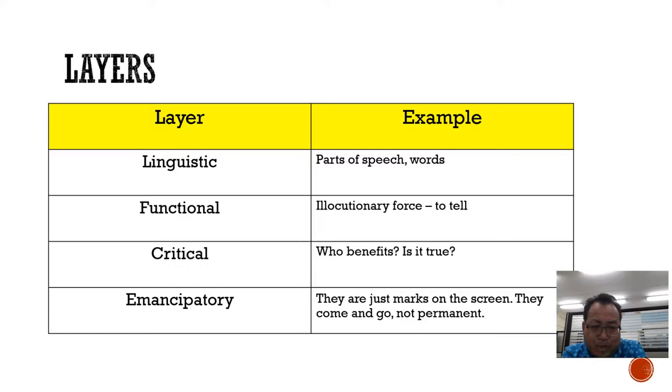So these kinds of mental models would enable you to emancipate yourself out of what we call the bonding of the linguistic elements, the functionalities and the criticalities of symbolic use.